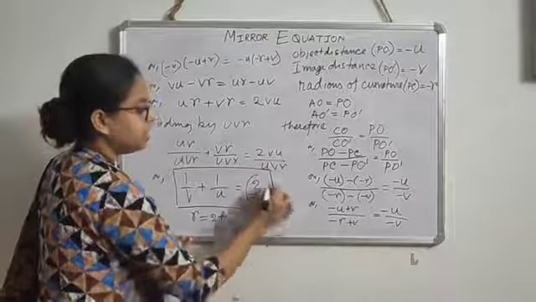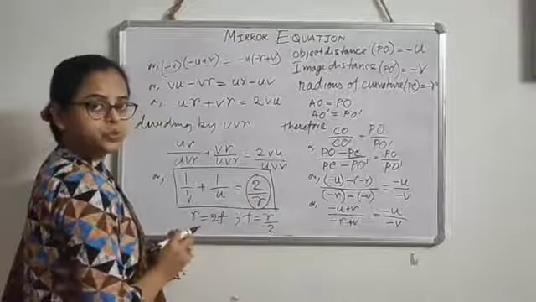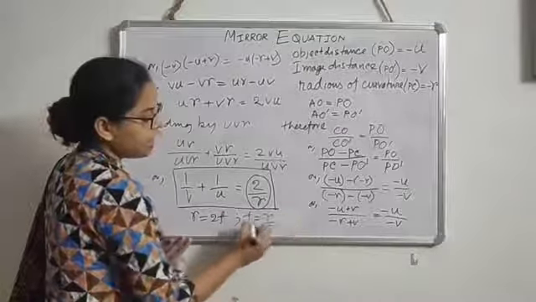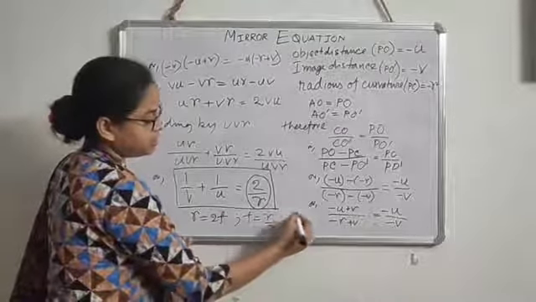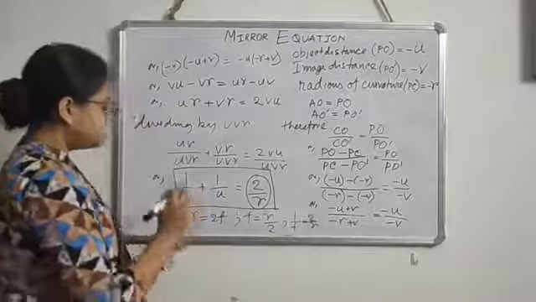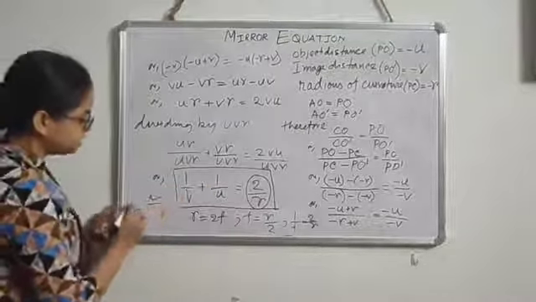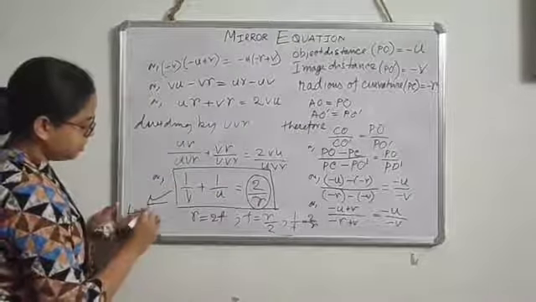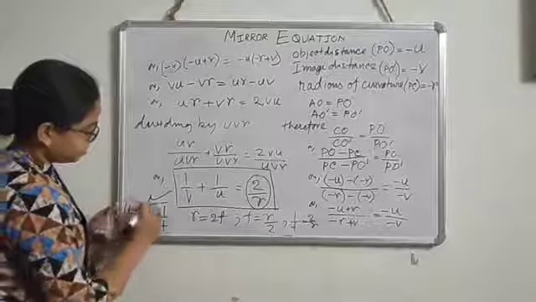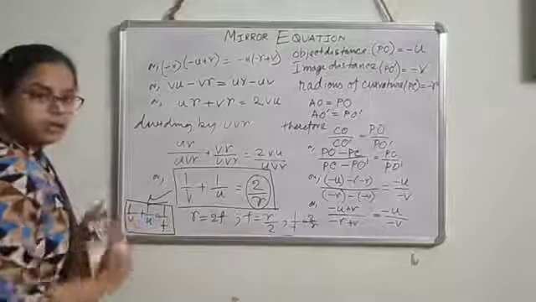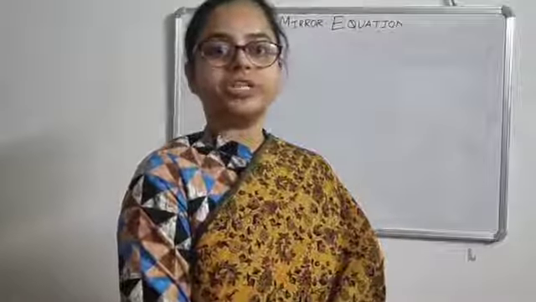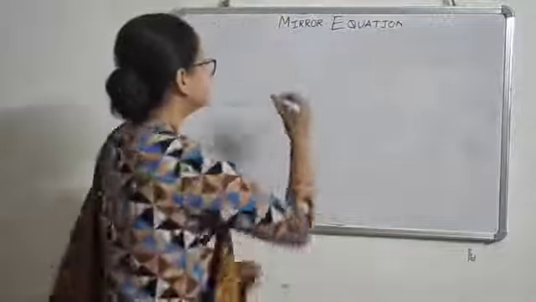Here we see that 2 by R is written. So, 2 by R can be written as 1 by F. So, we can write this equation as 1 by V plus 1 by U equals to 1 by F. Okay. Now, let's draw the mirror equation for convex mirror.